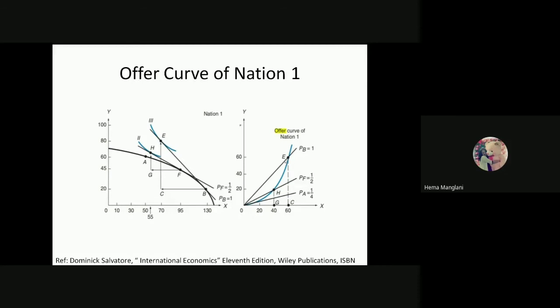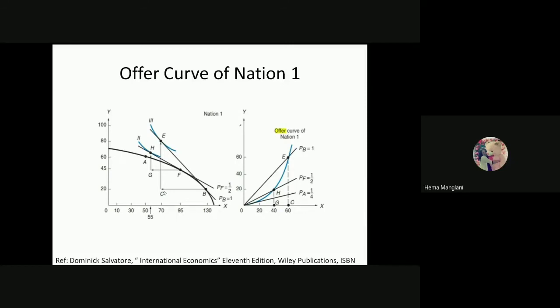Or in other words, as we discussed, in the barter system we are following, until or unless you are getting more of Y, or earning more Y from the other countries, you would not like to offer this X commodity to others or another country.